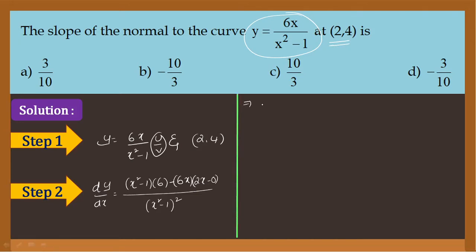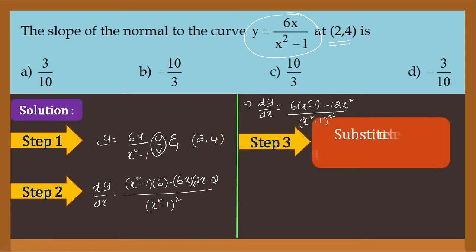That implies dy by dx is equal to 6 into x square minus 1 minus 6x into 2x, that is 12x square divided by x square minus 1 whole square.